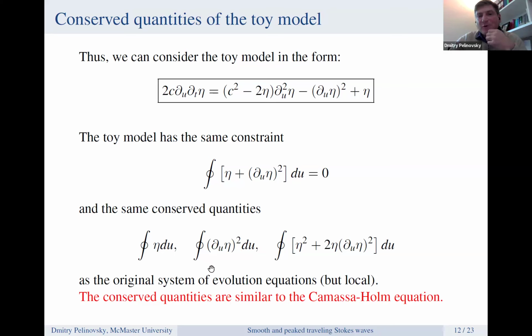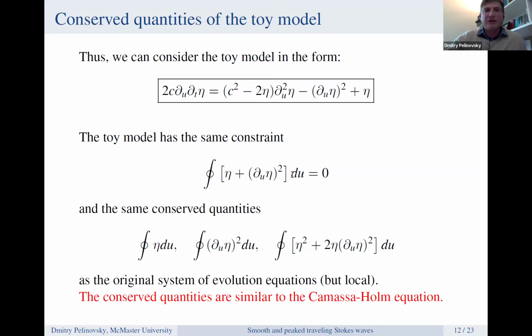So mass, momentum, and energy is the same terminology as we used to do in KdV theory. But in addition to this, there is a non-locality involved because there is still a derivative here, which we need to invert. And in order to do this inversion, we have the zero mean constraint. So it's not a zero mean constraint, we have this nonlinear constraint, right? Okay, thank you. Okay, great.